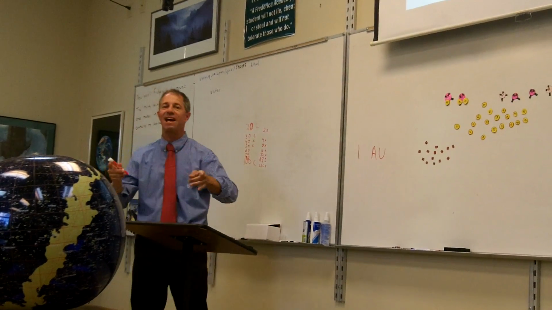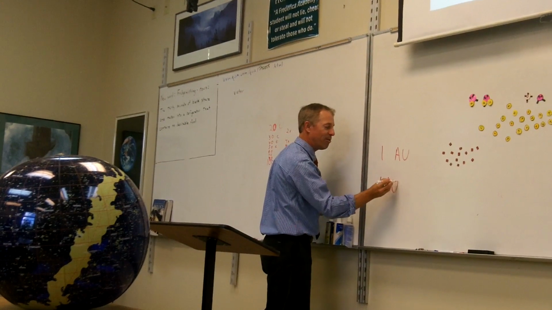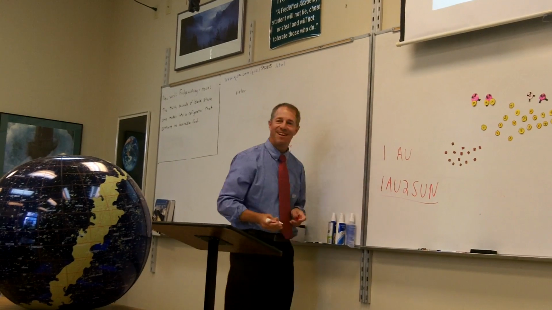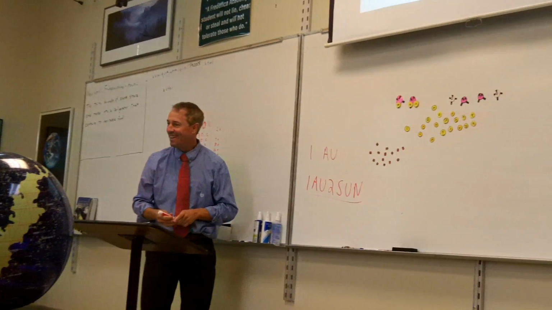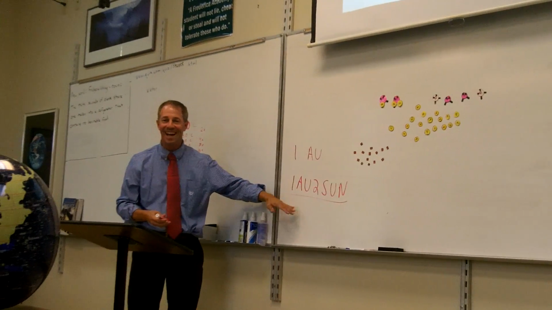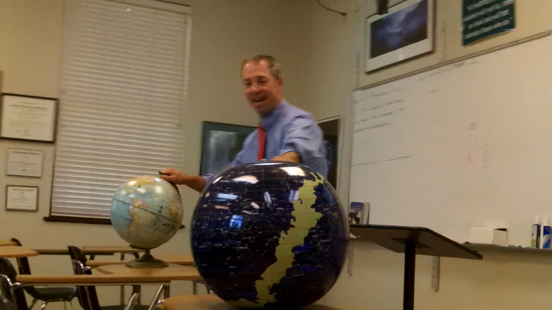As a matter of fact, the license plate on my car is 1 AU to Sun. Isn't that cool? That way I won't forget how far it is to the Sun. It's 1 AU. So the Earth is 1 AU from the Sun.